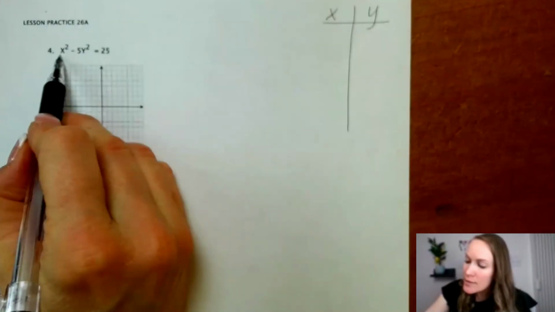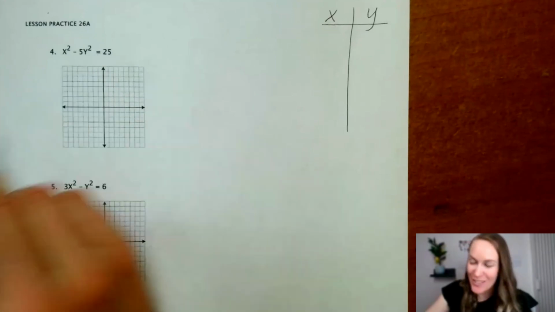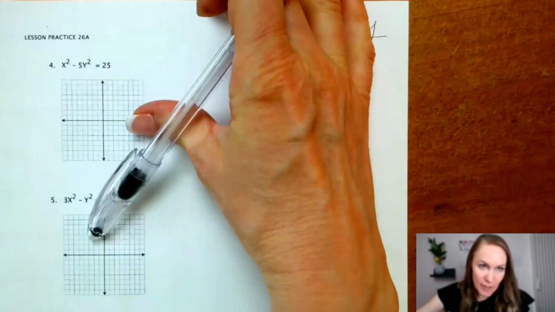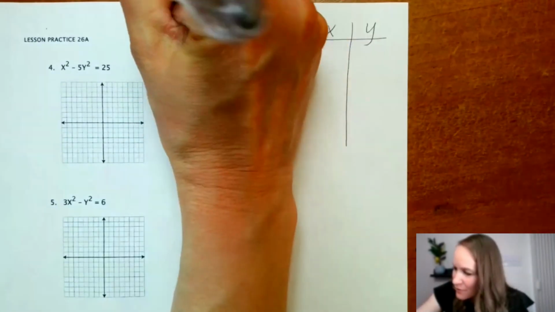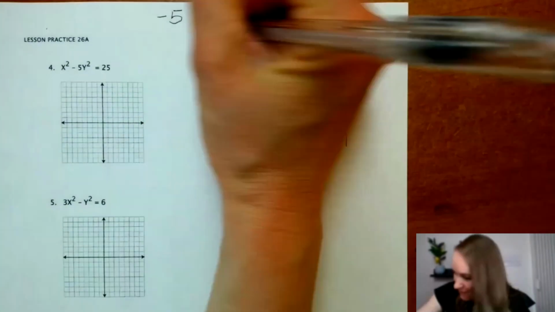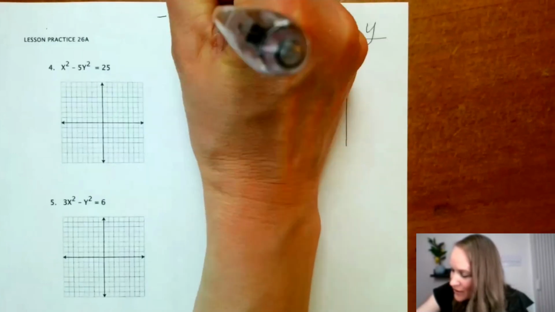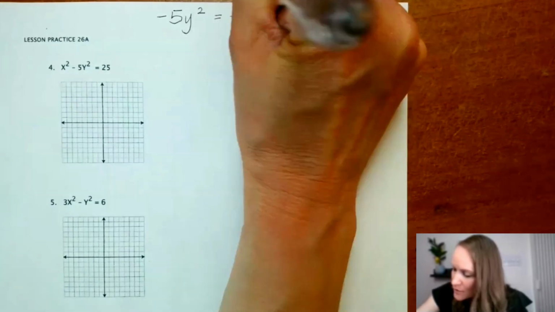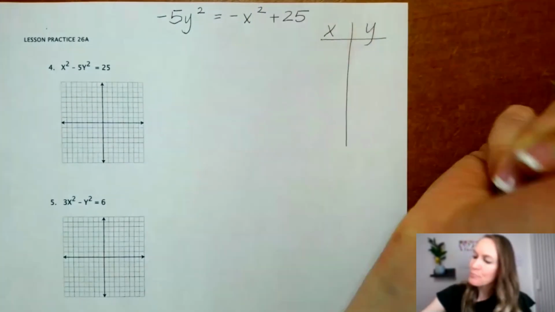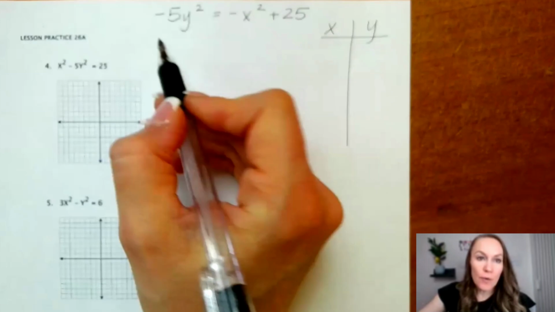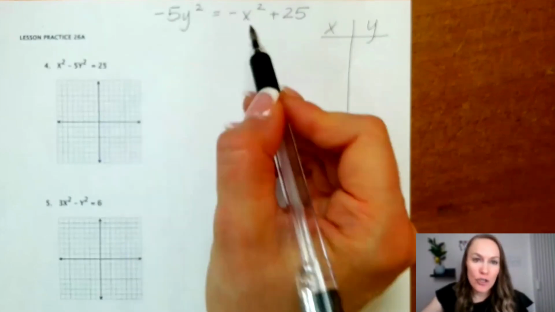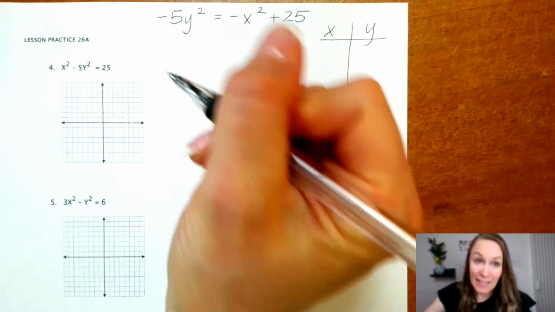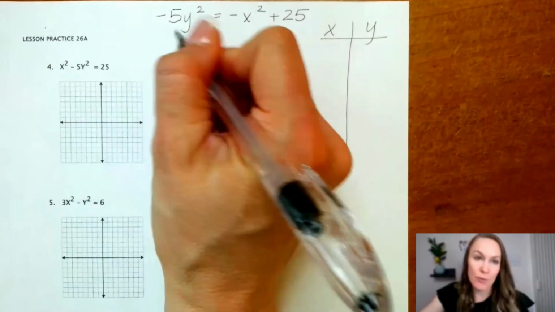So I'm going to go ahead and subtract x squared to the other side. So I have negative 5 y squared equals negative x squared plus 25. And then I'm going to divide each term of my equation by negative 5, so that I get y squared alone.